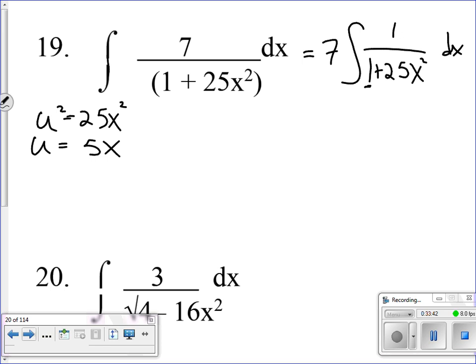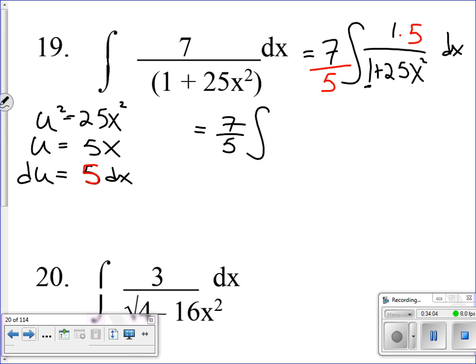Now it's like every other u-sub problem. You've got to get your du, which is 5 dx. We're missing the 5. So we multiply by 5 inside and divide by 5 on the outside. We rewrite it as 7/5. The numerator of the integral is just du.